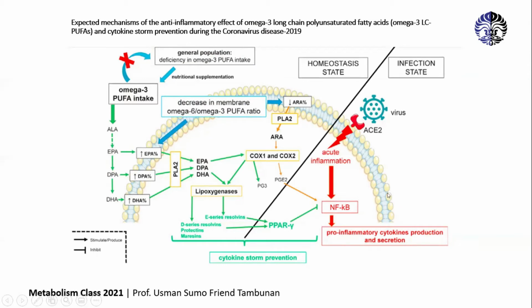So in this picture, we can see that when we have enough omega-3 PUFA, it can help the body produce PPAR gamma, and it can inhibit NF-kappa B from producing excess cytokine, and it will prevent the cytokine storm.